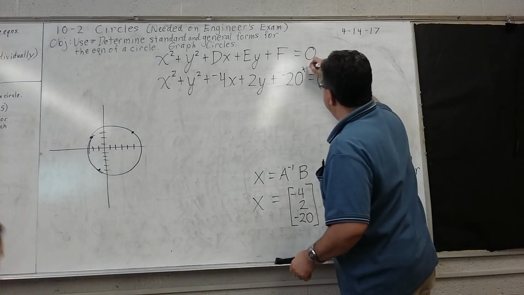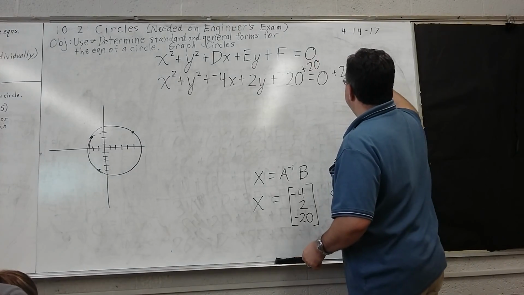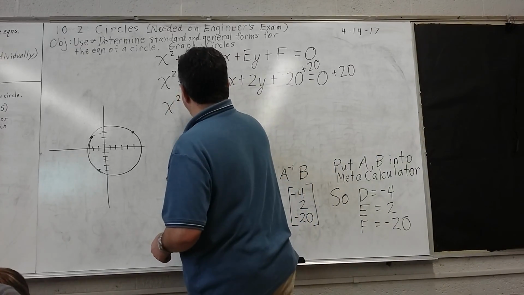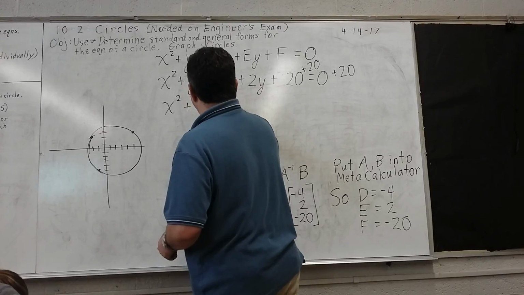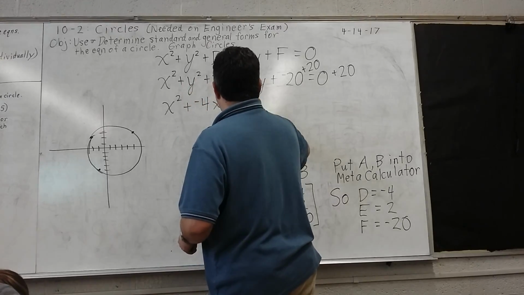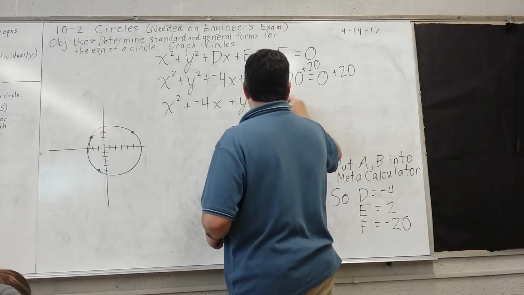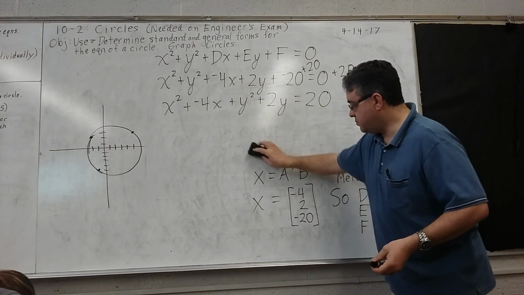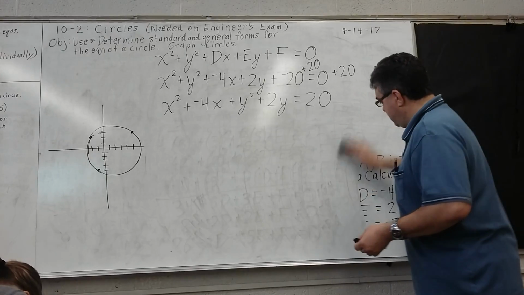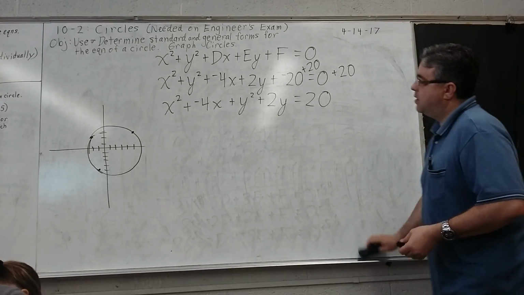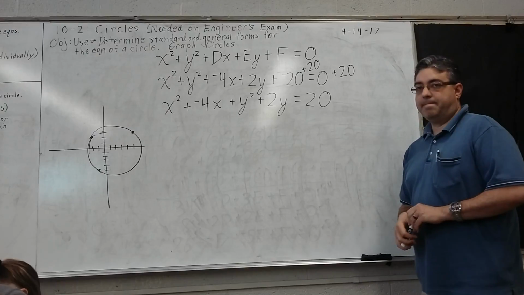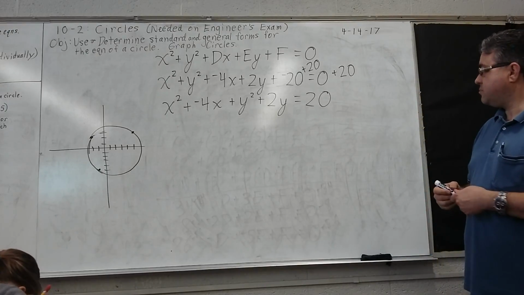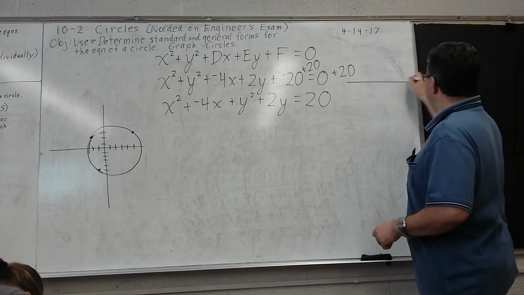So add 20 to both sides and rearrange. So I've got x squared plus negative 4x plus y squared plus 2y equals 20. And then we can have our side work over here.